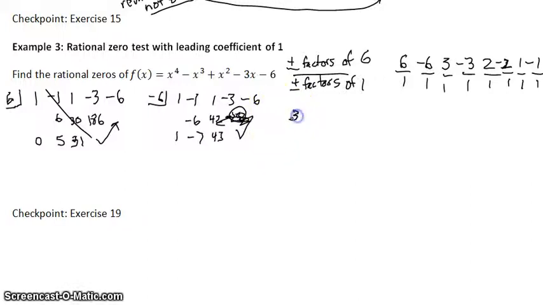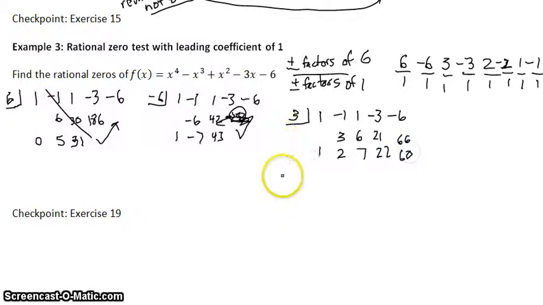So now I'm going to check 3. I don't know why it's rejecting some of the things I write. So I still haven't gotten there yet. I've tested 3 of the 8.